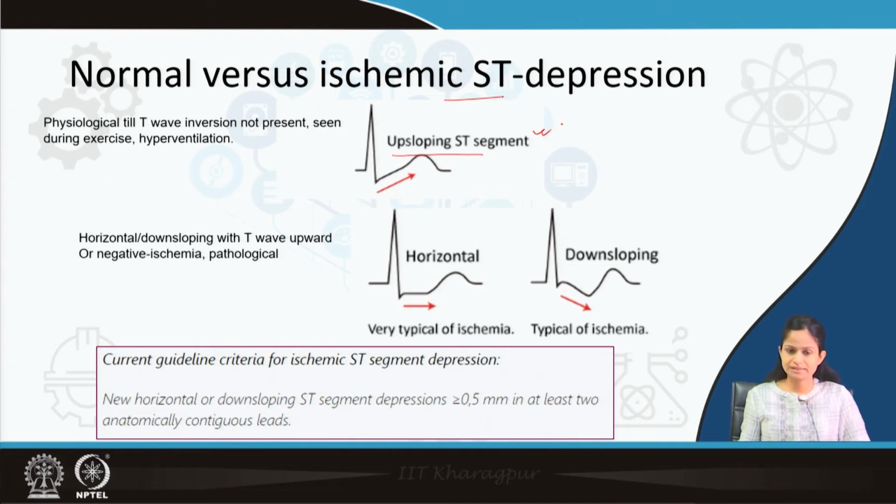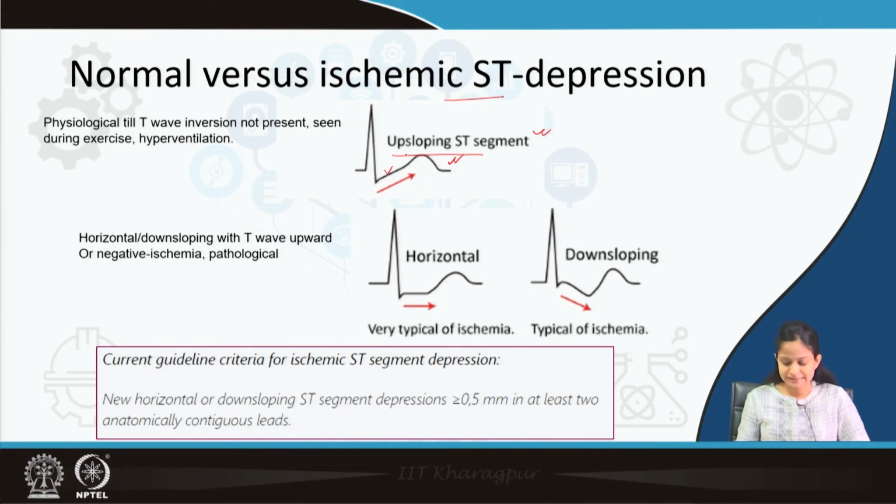So, this is physiological as long as there is no inversion of the T wave. Here we can see upward deflection of the T wave, that is, the T wave is positive, and there is upward sloping of the ST segment with ST segment depression. So, this is normal.